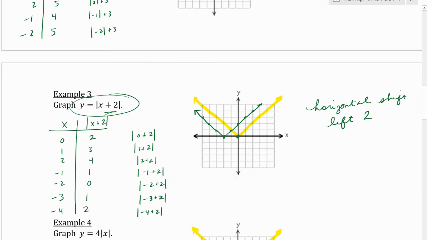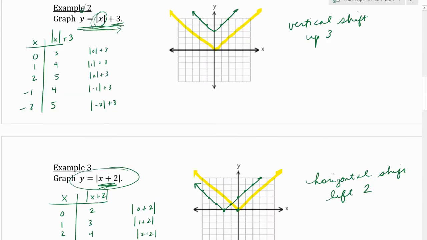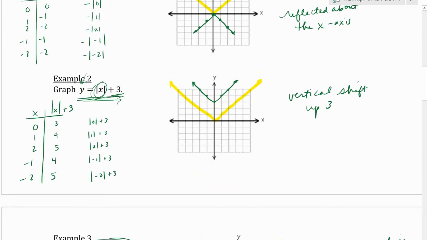So when you move them sideways, it kind of looks like the opposite of what you think it's going to be. Things that move up and down look exactly like what you think they're going to do. You move it side to side, it looks like the opposite. When you just stick it out on the end, you're just applying that 3 to whatever the work was. Like I took the absolute value of something and added 3 to it.